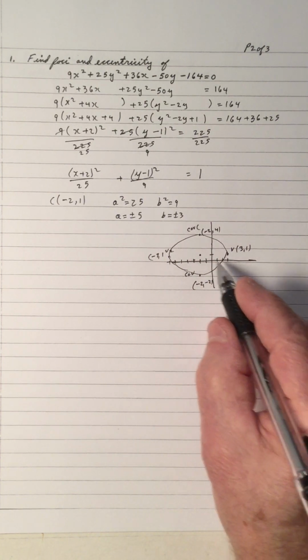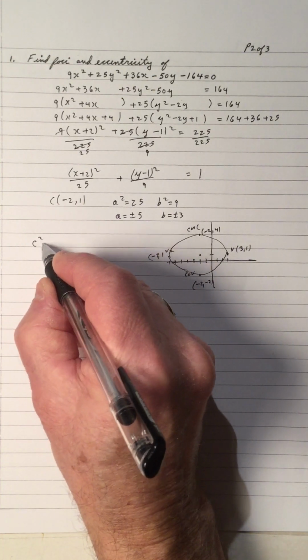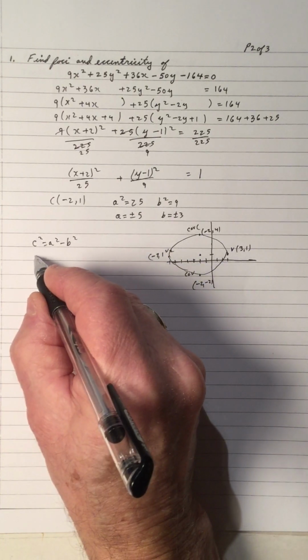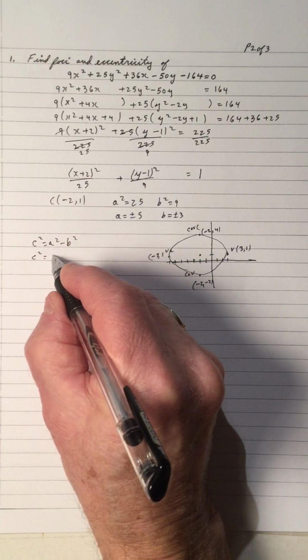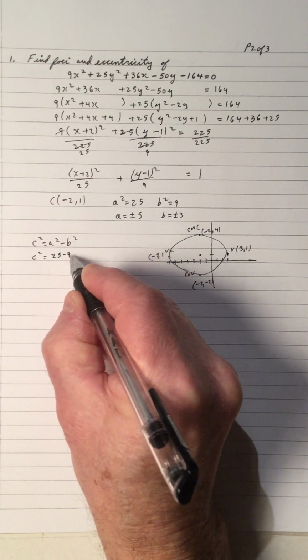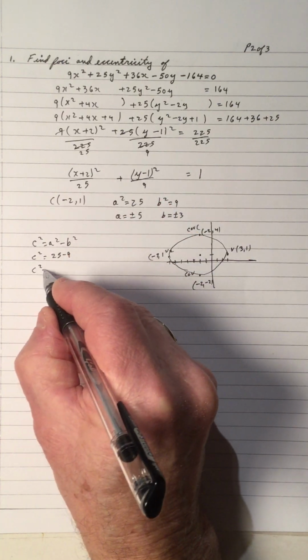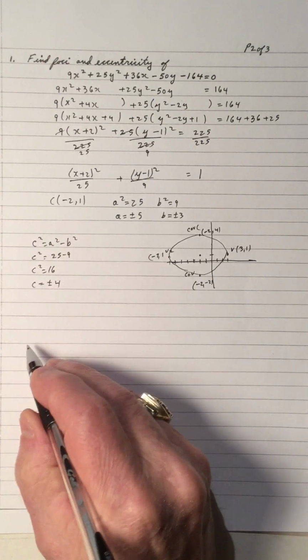So we need to get the foci, and the foci are on the major axis. So c squared is equal to a squared minus b squared. a squared is 25 and b squared is 9, so c squared is 16, so c is plus or minus 4.